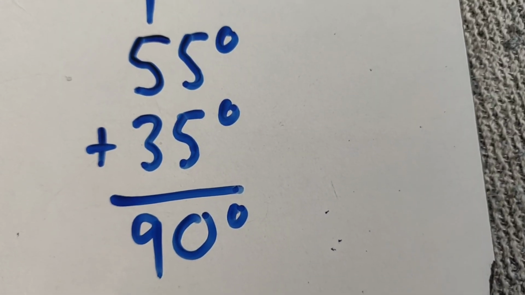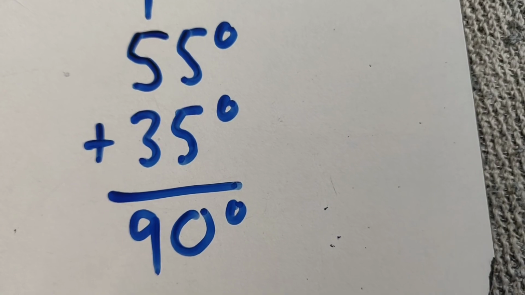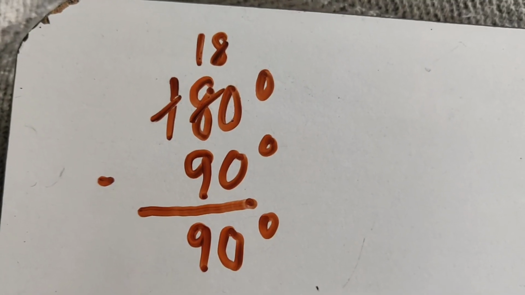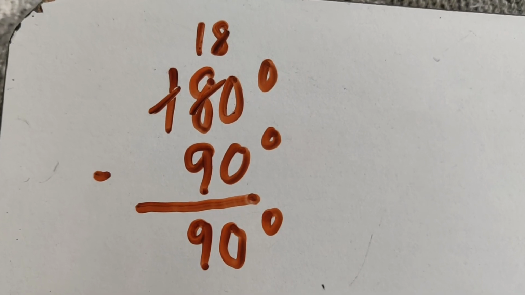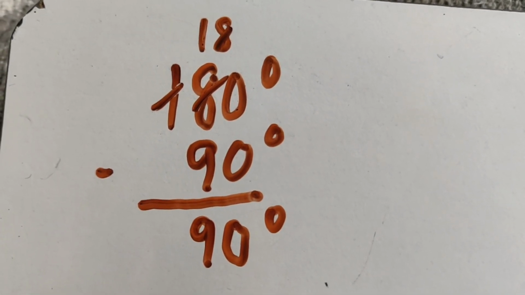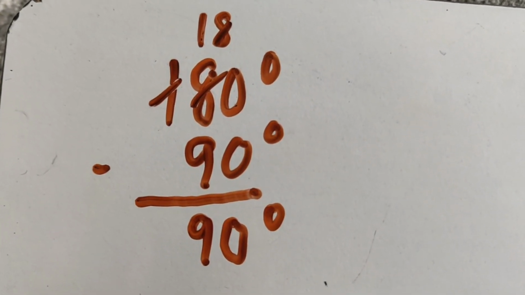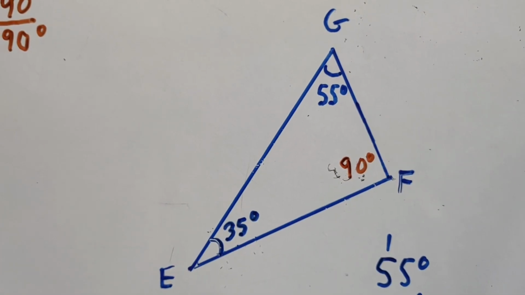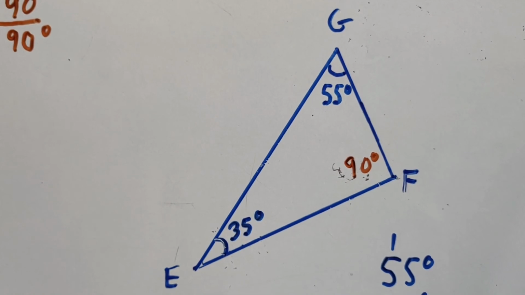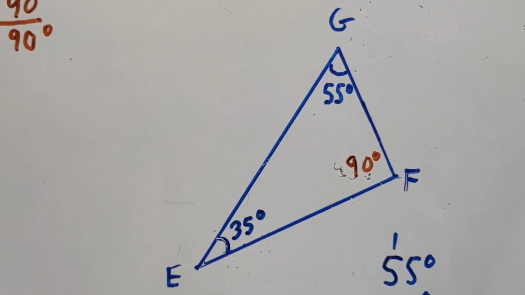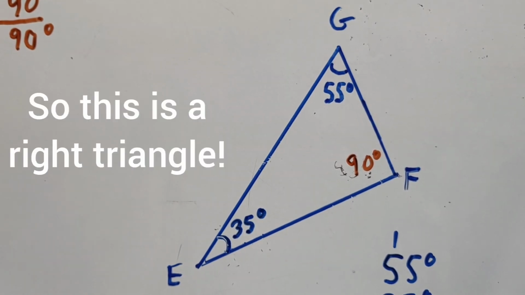And when you subtract this 90 degrees from 180 degrees, that gives us a difference of 90 degrees, which is the value of the missing angle. And 90 degrees is a right angle, and a triangle with a right angle is a right triangle.